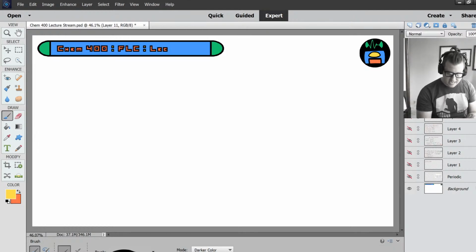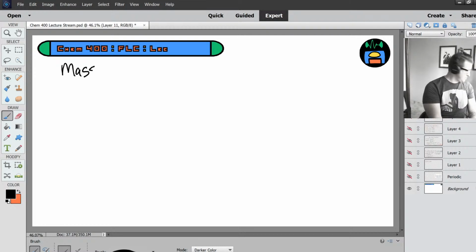So I want to talk for a minute about how to take a weighted average. All right. For a weighted average, you take the mass of each isotope.